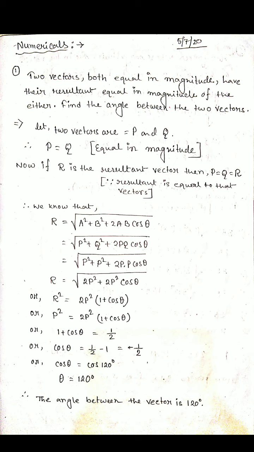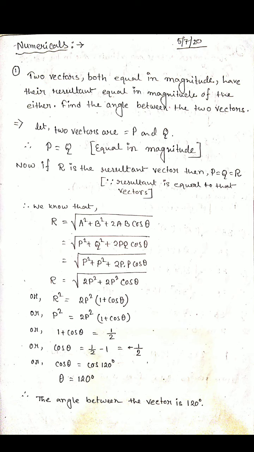We already know that from the parallelogram law and the triangle law, we get two formulas: one for the magnitude of the resultant vector, another for the direction. The derivations are different for both cases, but ultimately the main expression to find the magnitude is the same, that is R equals root over of A square plus B square plus 2AB cos theta.